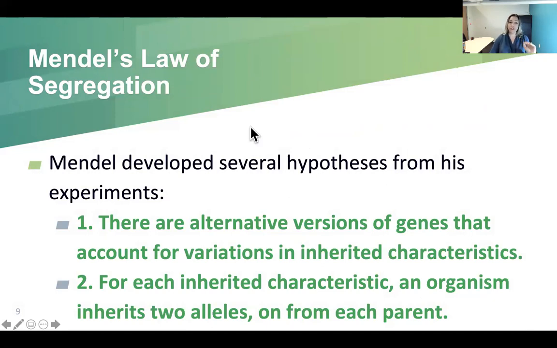So for the first statement, it says there are alternative versions of a gene that account for variation in inherited characteristics. So all he's saying here is that there are alleles and that these alleles lead to a variation in a trait. So alleles lead to variation in a trait.